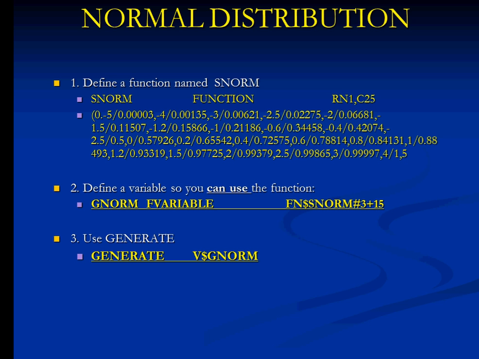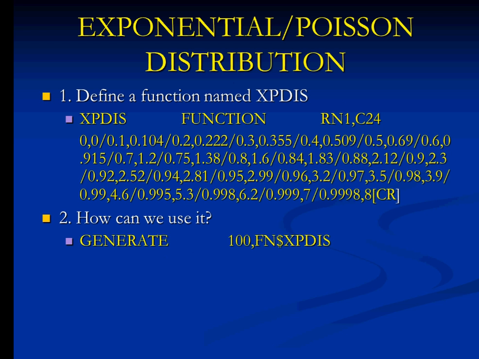To use the normal distribution, we use the variable, not the function. In the case of the exponential distribution, we use directly the function. If you see the example right here, we use a GENERATE with a mean of 100 and a function named XPDIS. We use directly the function.